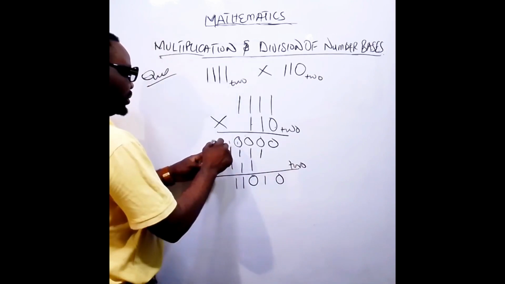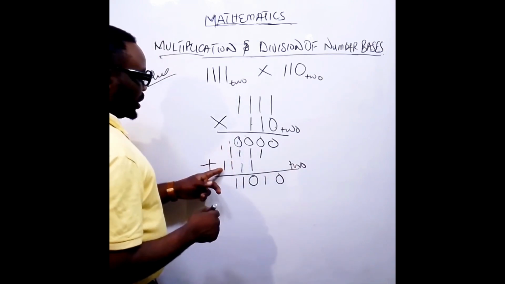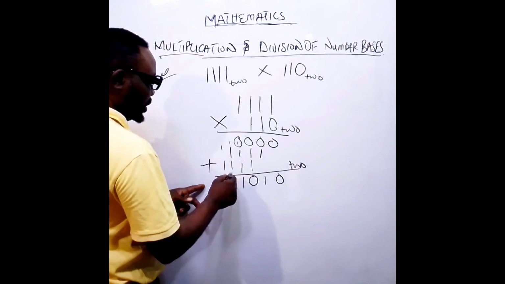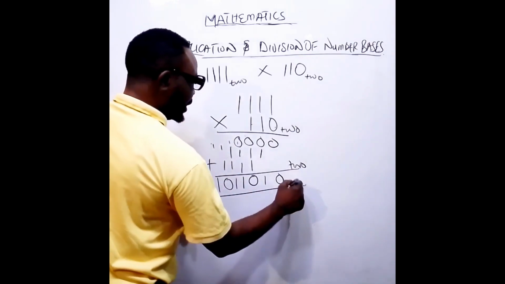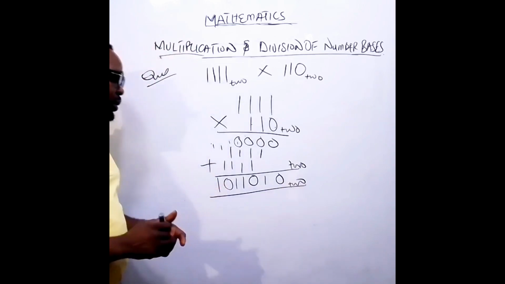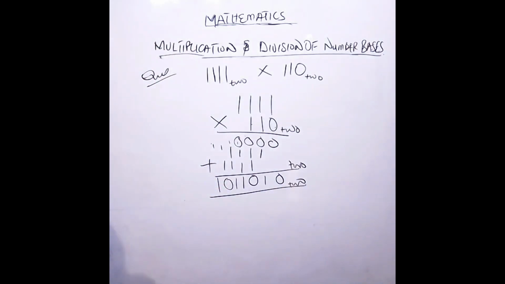How many 2 do I remove? 1. 1 plus 1 is 2. 2 minus 2 is 0. I remove 1 and put down 1 there as base 2. The answer is 101101 base 2. That is the answer for that multiplication.